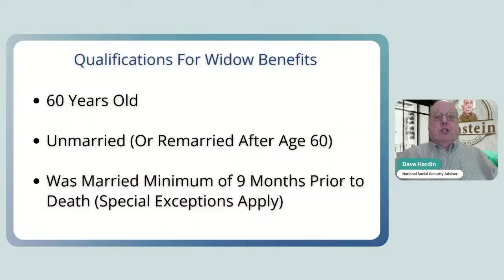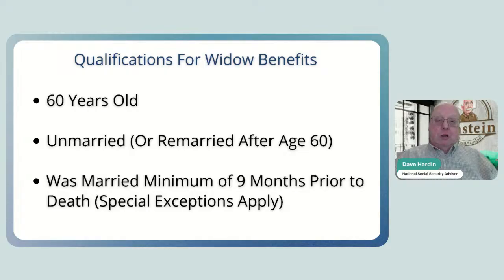Okay, considerations for widows and widowers. To qualify for widow benefits, you have to be at least 60 years old. That's actually very young. The youngest that you can get any retirement benefit other than this is 62. But widows qualify as early as age 60, but they must have remained unmarried.